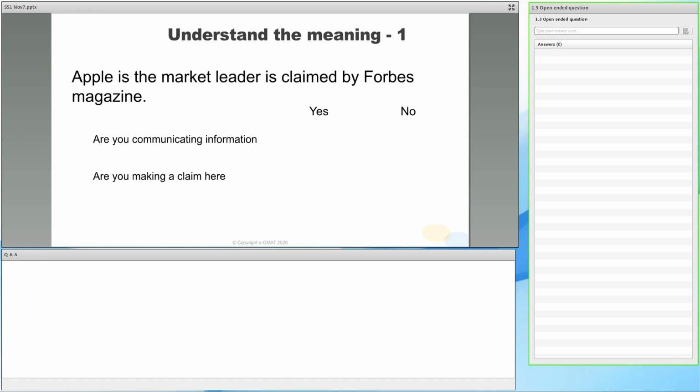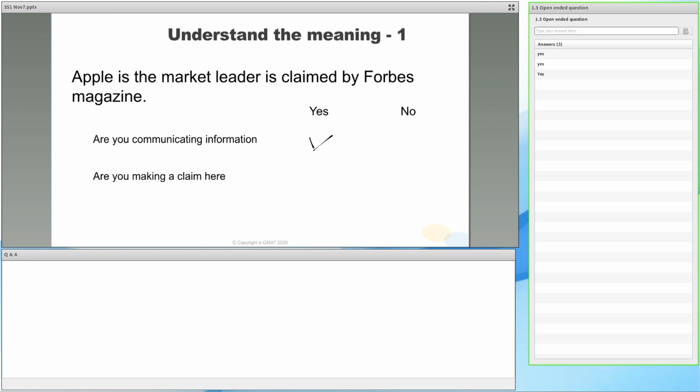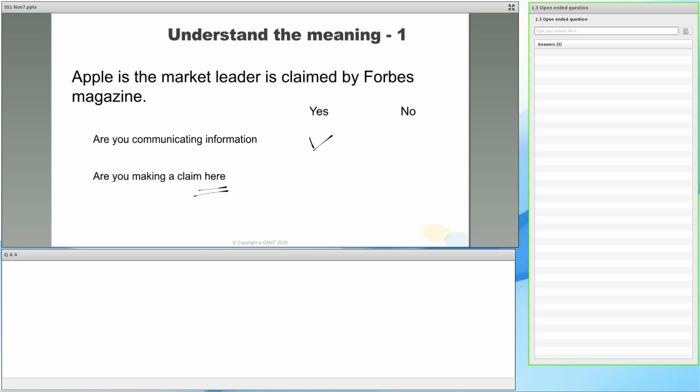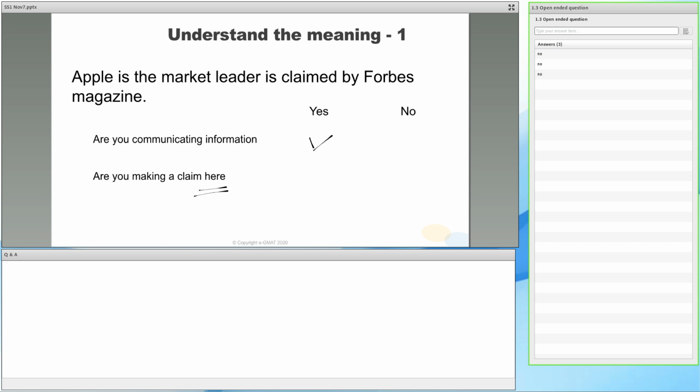"Apple is the market leader is claimed by Forbes magazine." In this case, are you communicating information? Yes, you are. Are you making the claim that Apple is the market leader? No, you're not making the claim.